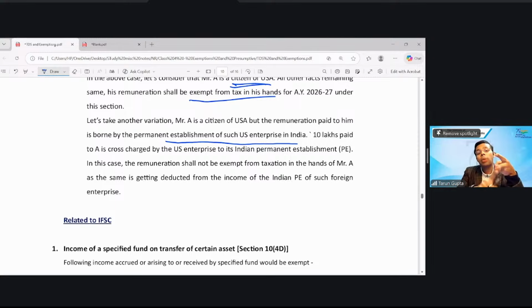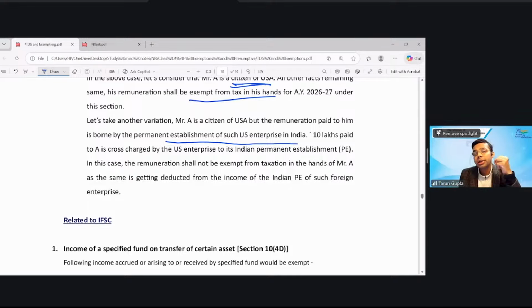Two, the foreign enterprise should not be doing any business in India. And this is important. Thirdly, your stay should be less than 90 days, up to 90 days. And lastly, the remuneration which is being paid should not be claimed as deduction against the Indian taxable income.